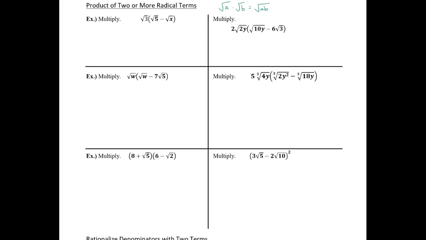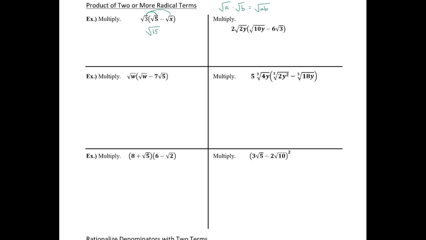In these first two examples here, we are multiplying by a single term, one radical. So we're going to distribute that radical into the parentheses. So the square root of 3 times the square root of 5, we use that property and we can bring it together. Square root of 3 times 5 is square root of 15.